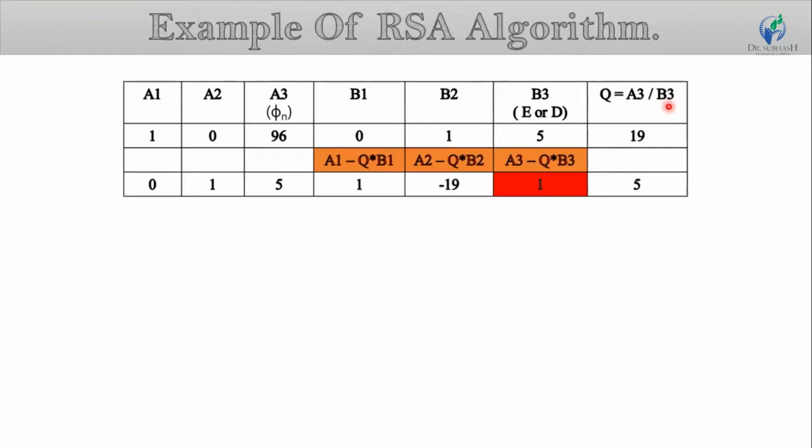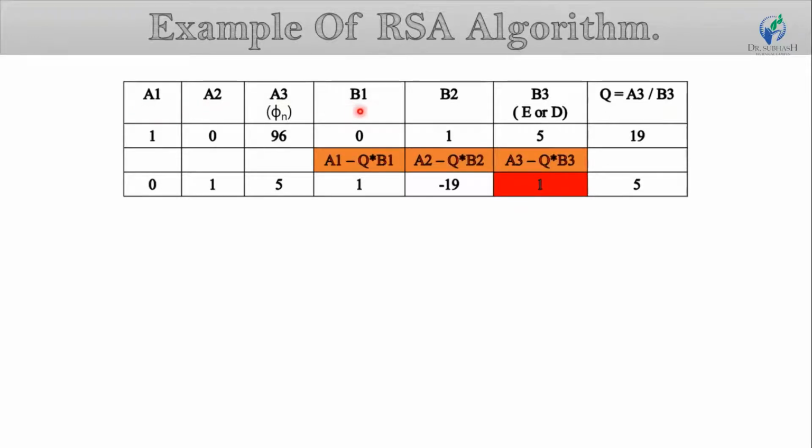So first we select the values of A1, A2 and A3. Now we take A1 as 1 and A2 as 0. Now we know A3, or we can say phi of n, is 96. Now for the values of B1, B2 and B3, we invert the values of A1 and A2.